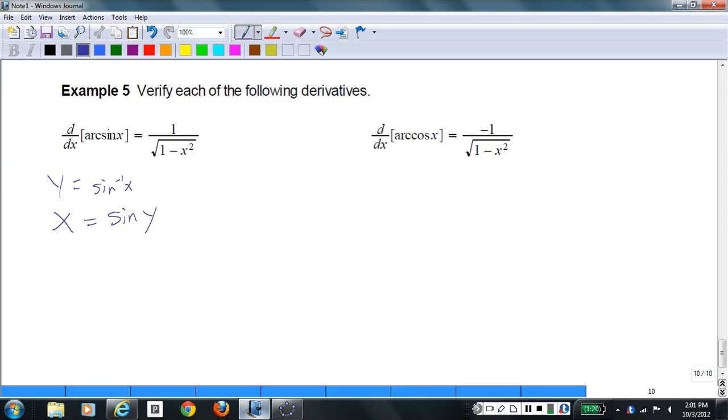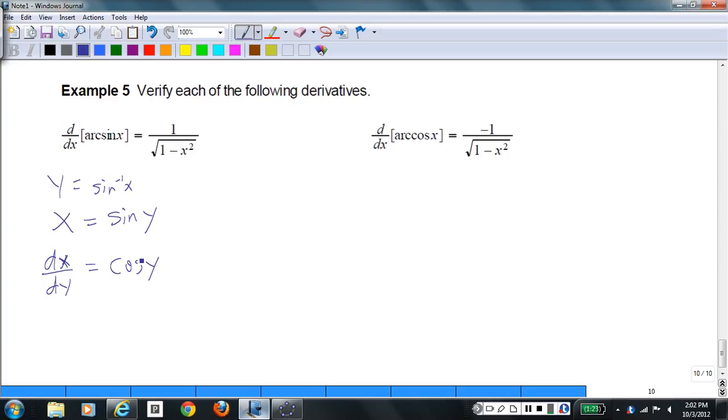Finding dx dy is no problem. Taking the reciprocal of that is no problem. The challenge is to write it explicitly in terms of x. What is dx dy? Maybe even simpler than it seems, or as simple as it seems. It's cosine y, just like that.